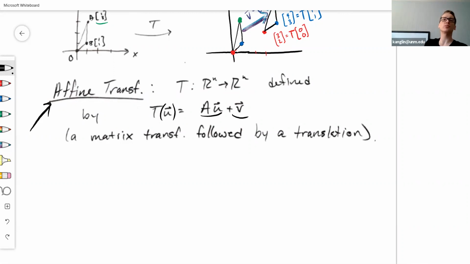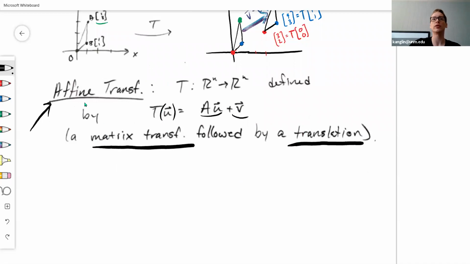If you see that word, it just means it's a matrix transformation, but then with a translation tacked onto the end. So you might think about the ability you have to transform these objects if you could do any matrix transformation you want, but then also slide it anywhere in the plane with a translation.